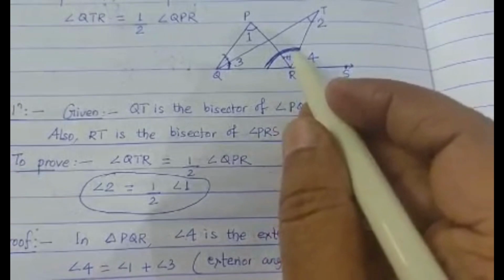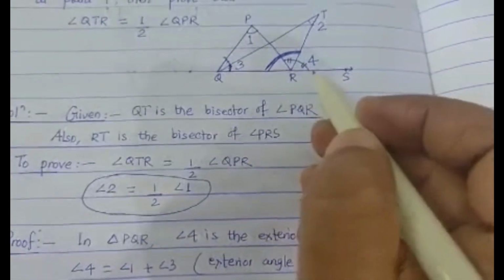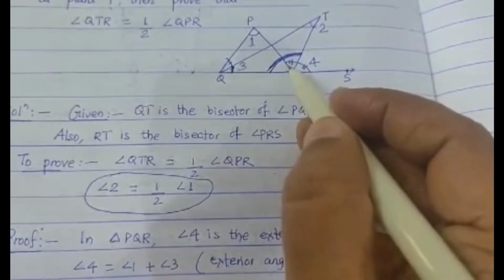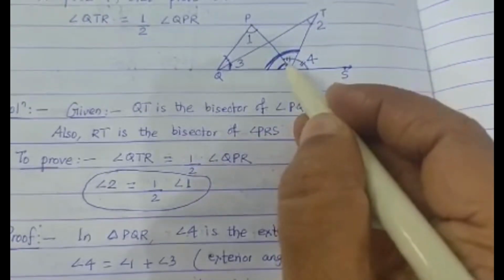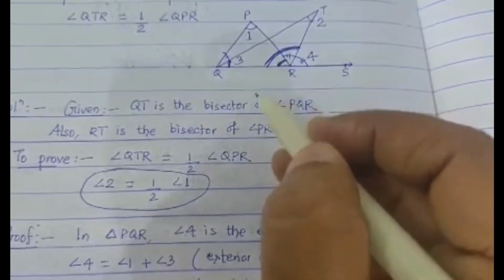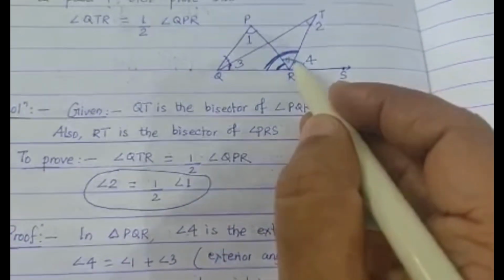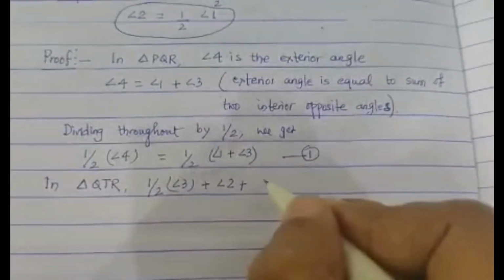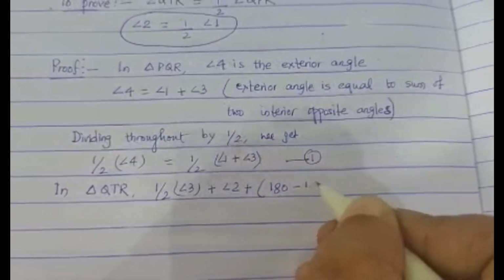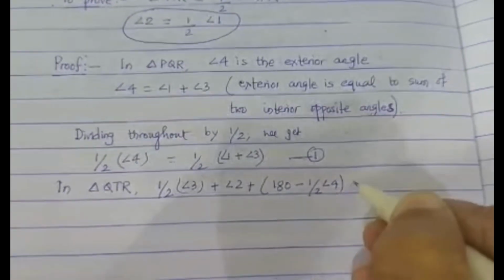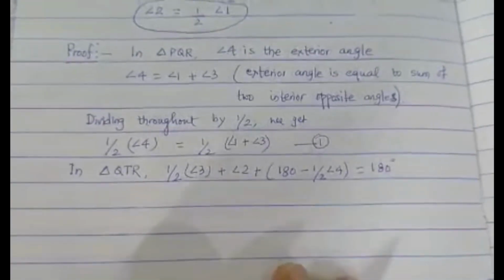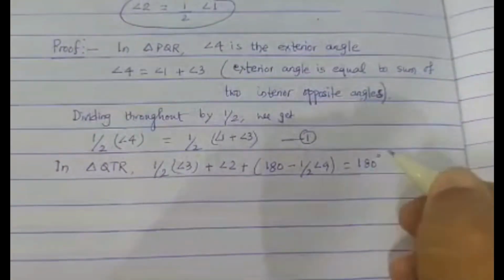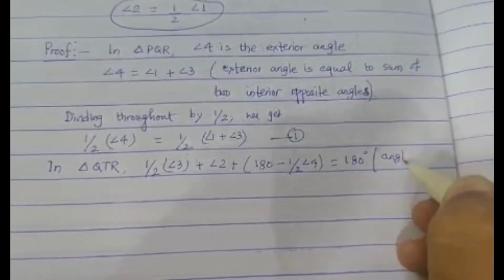This angle is 180 minus half of angle 4, and the whole sum equals 180 by the angle sum property of a triangle.